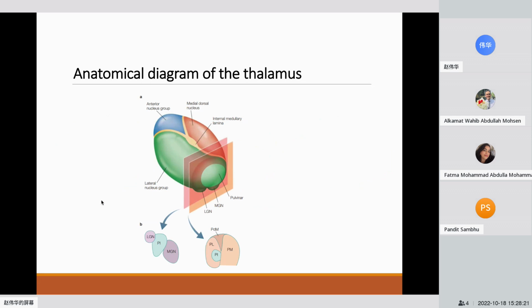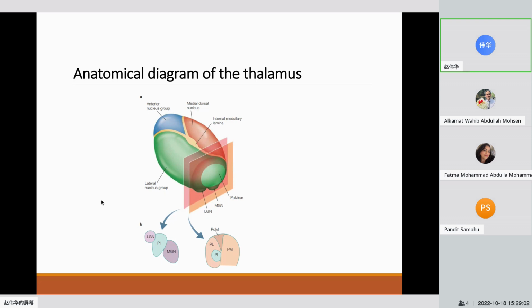This shows the entire left thalamus and its divisions, including this subregion of the subthalamus. It also shows the relationships between the visual lateral geniculate nucleus, the auditory medial geniculate nucleus, as well as the pulvinar nucleus.